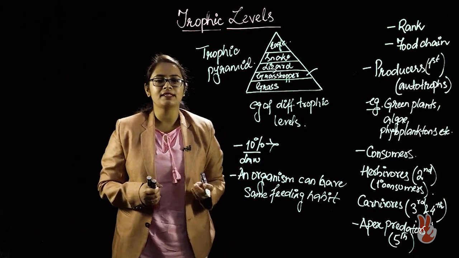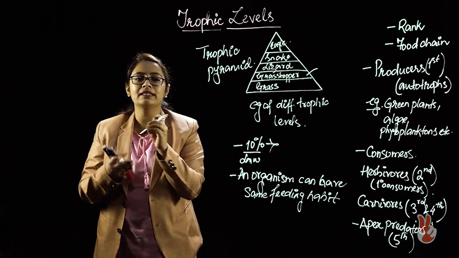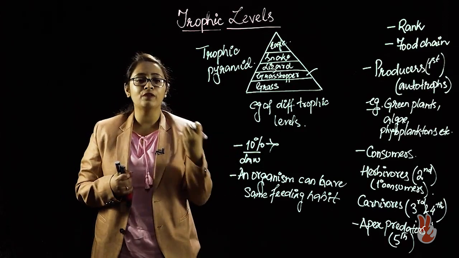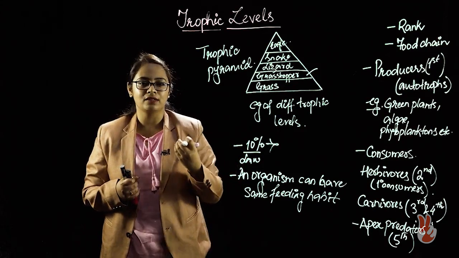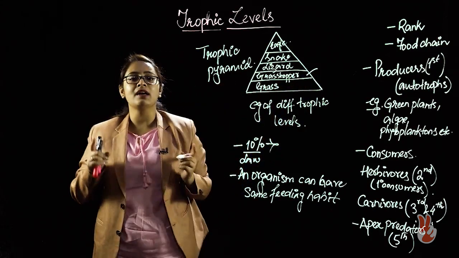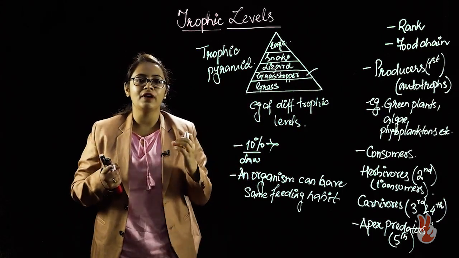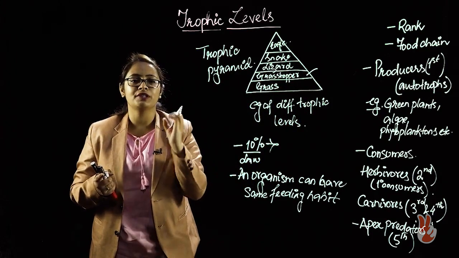For example, in case of herbivores, some herbivores will eat the fruit, some will eat the seeds, and some will eat the grass. They all come under the second trophic level, the herbivores, but they have a different feeding behavior or a different resource on which they feed.